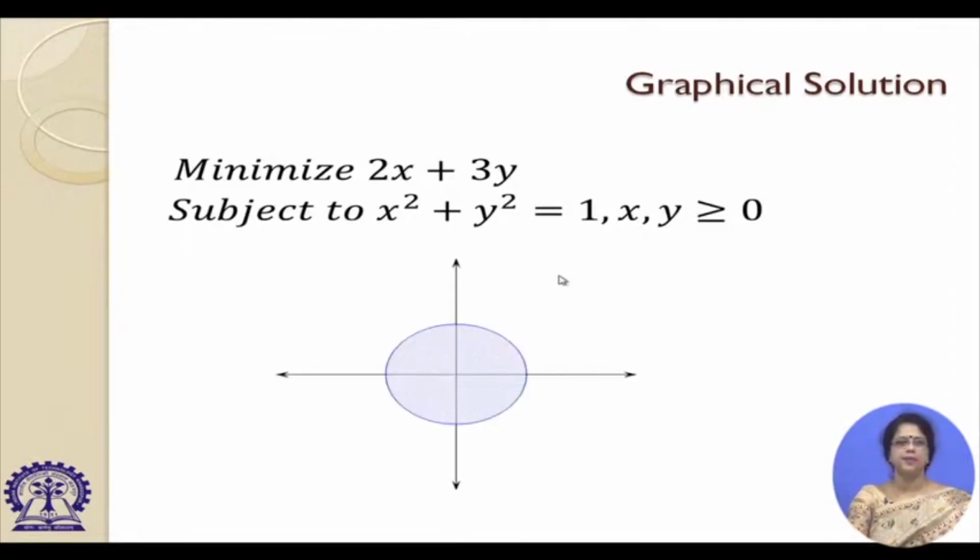This is the constraint set, but you see I have considered only x, y greater than or equal to 0. Let me modify the problem so that x and y are both unrestricted in sign. Let me consider that x and y can both move from minus infinity to plus infinity, as you did for linear programming as well.